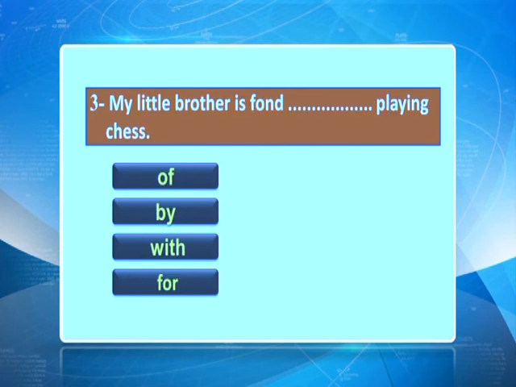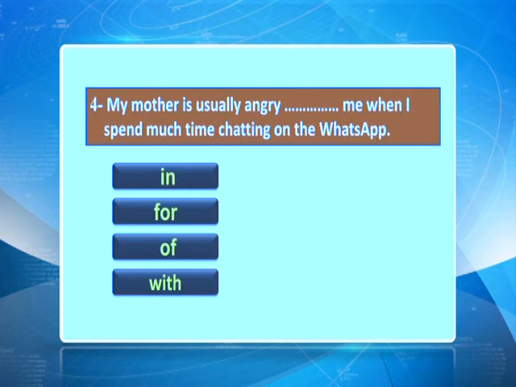My little brother is fond playing chess. Now the verb fond should be accompanied with of or by or with or for. It's normally fond of. My mother is usually angry me when I spend much time chatting on WhatsApp.